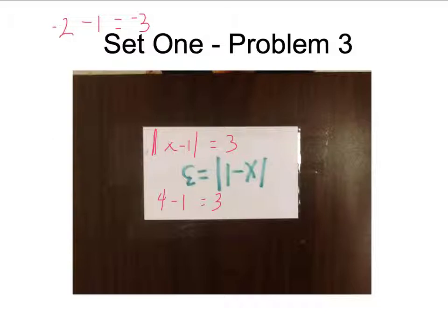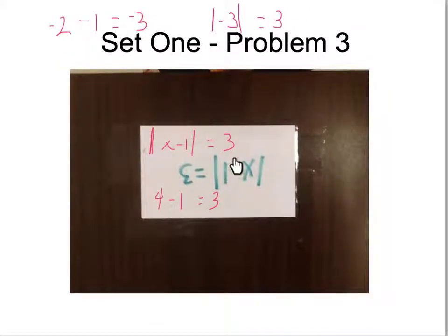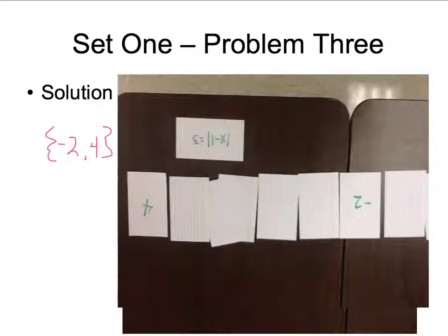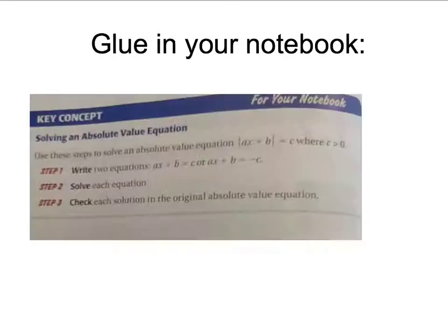And again, the reason why I'm looking for a -3 is because when I take the absolute value of -3, that's what gives me the positive 3 that's a part of my solution over here. So our answers were -2 and 4. There's my solution, -2 and 4.